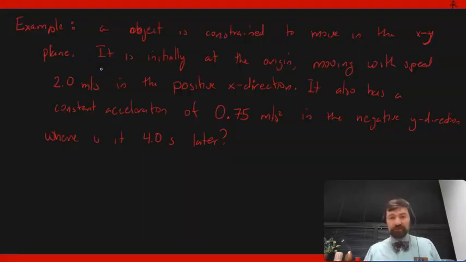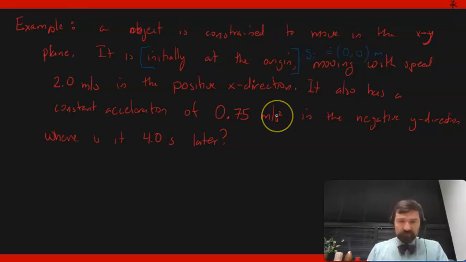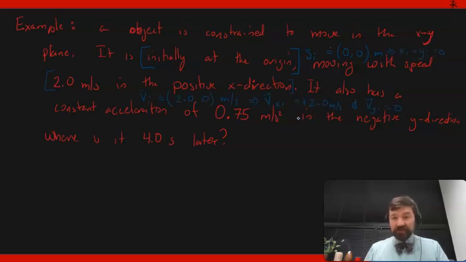Okay, so let's do a quick example. You have an object moving in 2 dimensions, the xy plane. It's initially at the origin, so that gives us an initial position. It also has a speed of 2 meters per second in the positive x direction, so that gives us the initial velocity: v_x initial is plus 2 meters per second and v_y initial is 0.